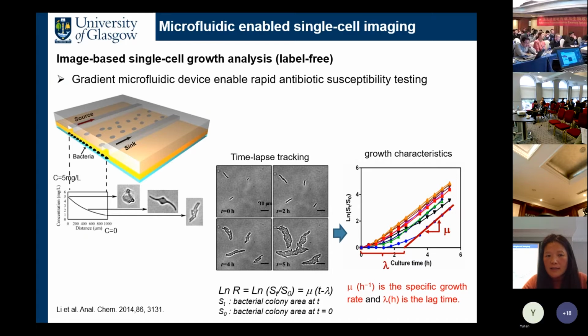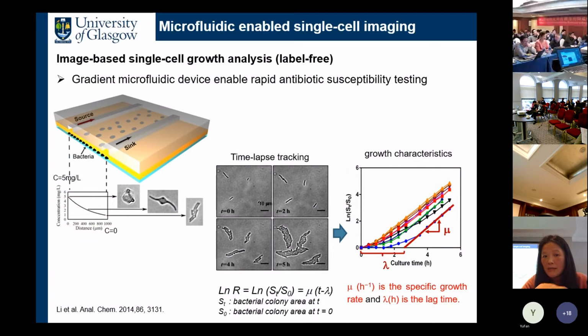AST tests need to test a wide range of concentrations, so we can't just use simple gradient microfluidics. On one chip, we are able to measure a wide range of concentrations. As you can see here, this is a stable gradient concentration, and cells are trapped as a monolayer on the chip, and the location of a cell corresponds to a specific concentration.